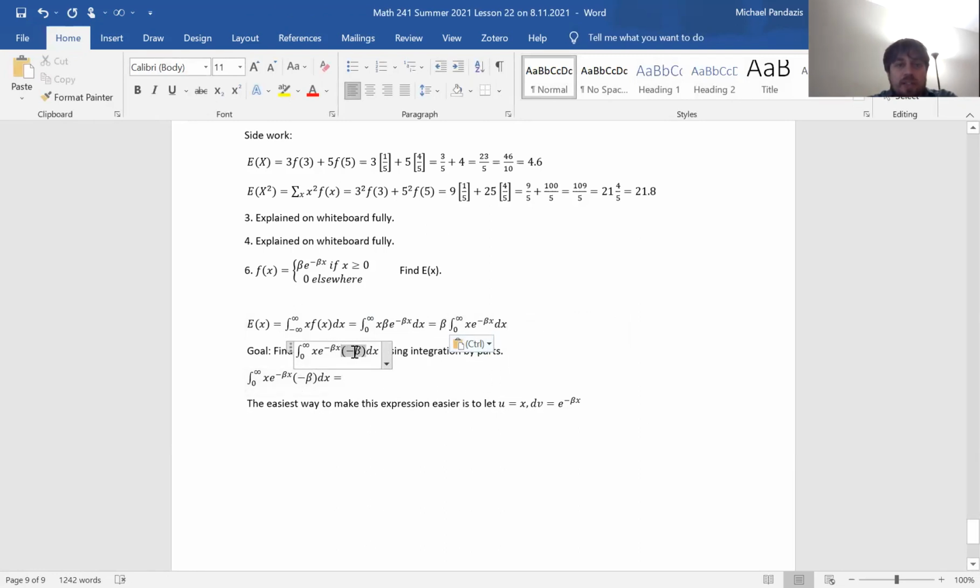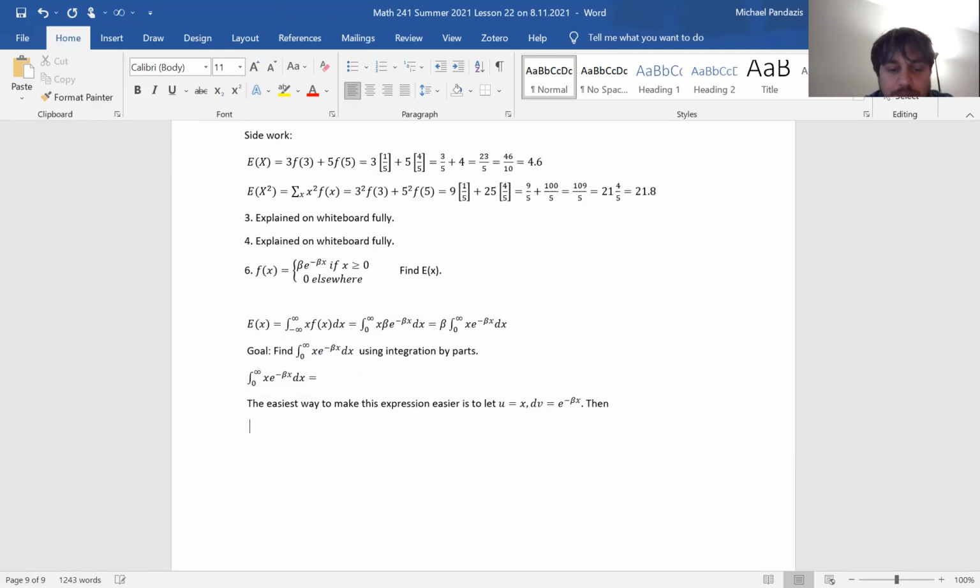And so I don't want that either. So we're just going to find this integral. We don't have the negative beta. Okay, so we plug in that, we move the beta out, and I want to find this integral using integration by parts. So let u equal x and dv equal e to the negative beta x.